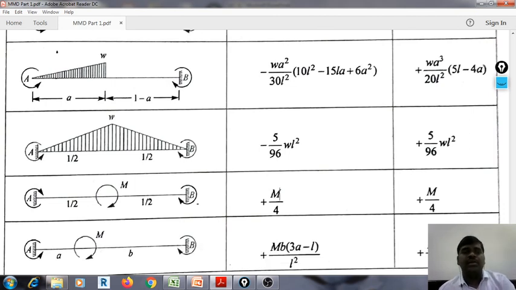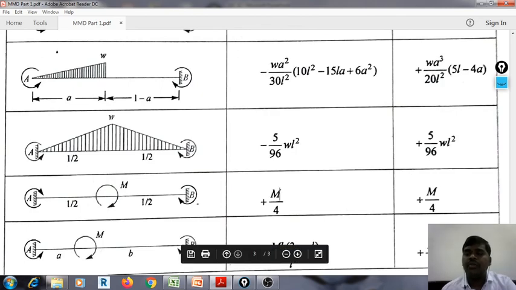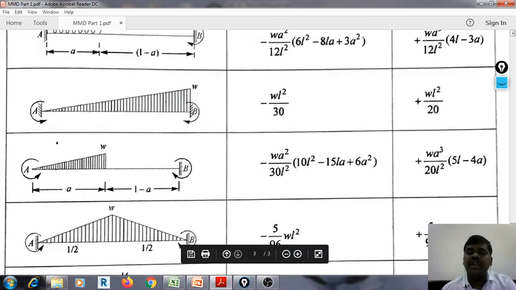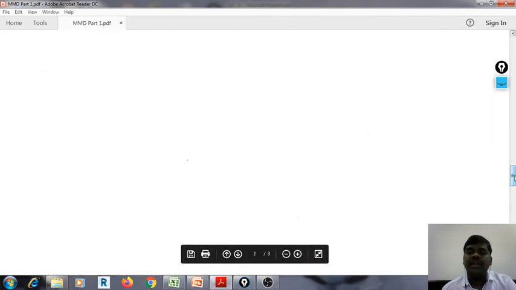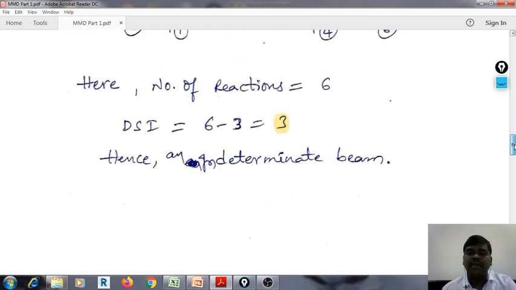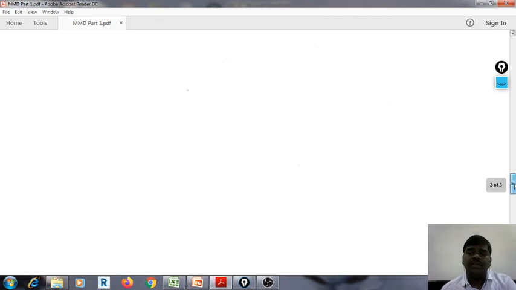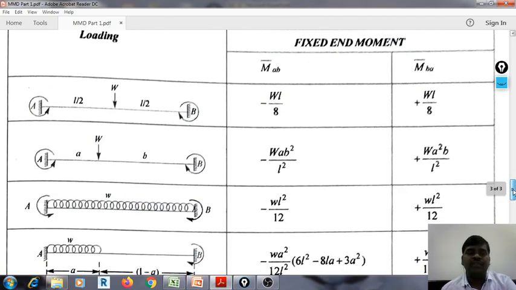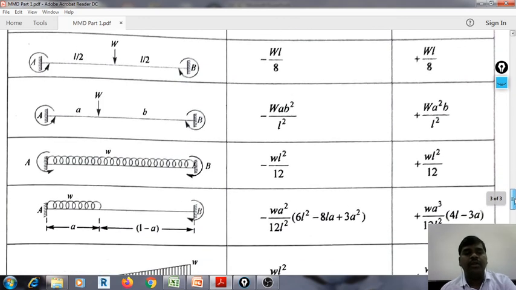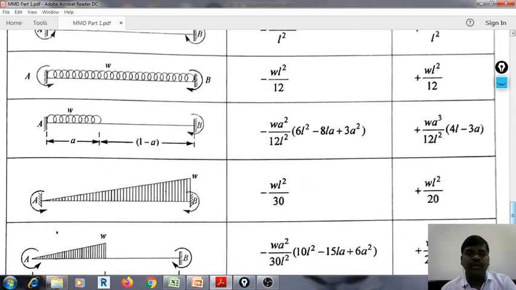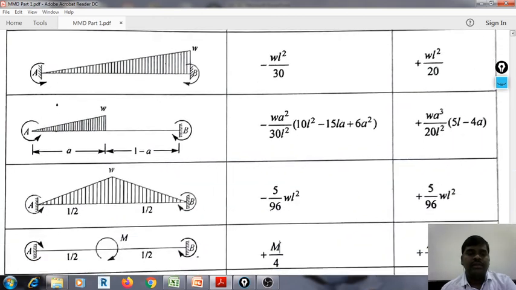So this is regarding the introduction of two hinged arches. Here we have studied what a determinate and indeterminate structure is, and also small examples for them. Next we have done the fixed end moments for every beam, 1 2 3 4 5 6 7 8 9.